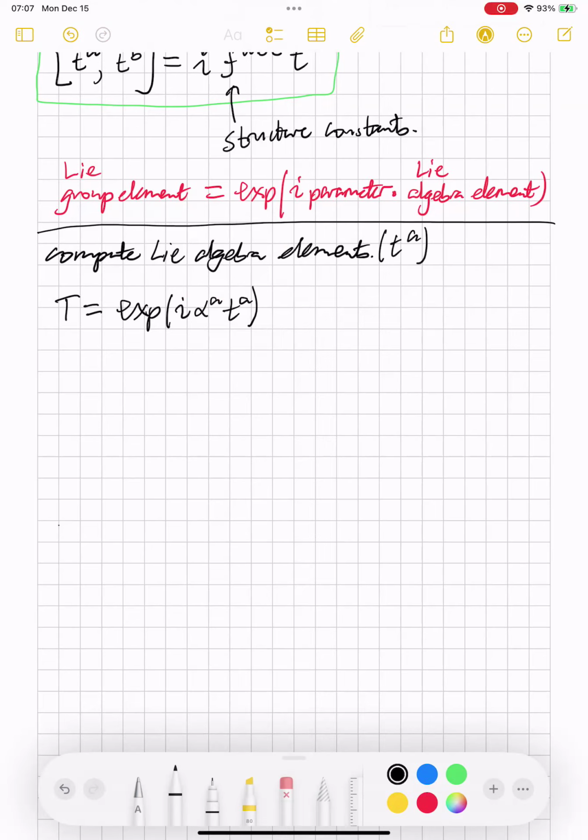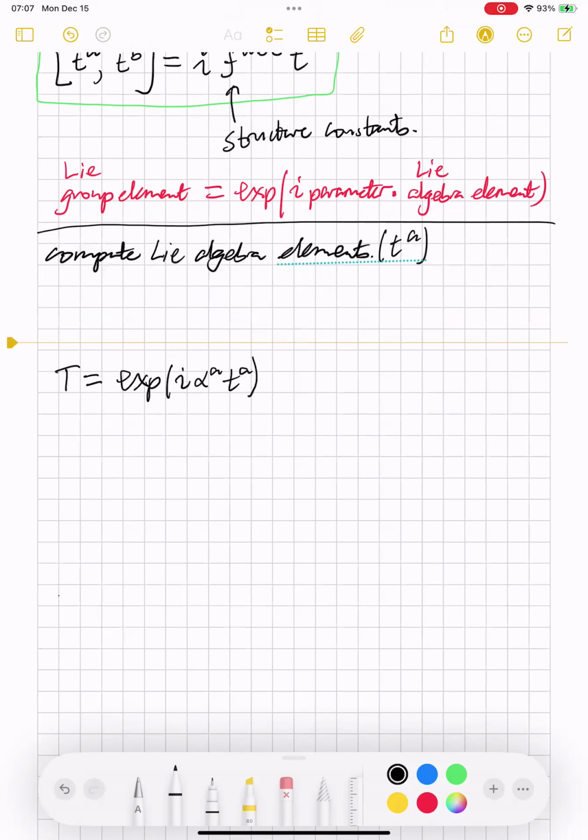So that's what we want to get hold of, and we're going to get hold of it from this formula. And the idea for doing this is always the same. You take the parameter of the transformation, so that is alpha^A, and you let this be infinitesimal.